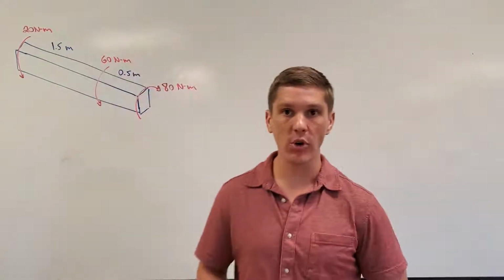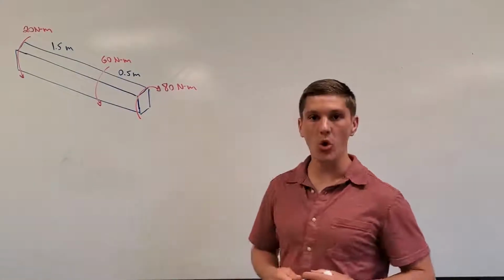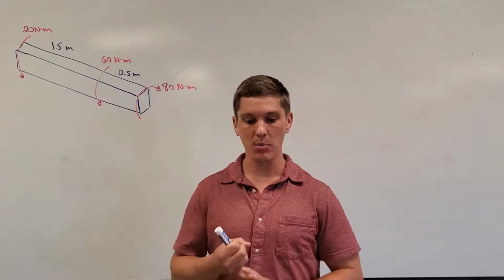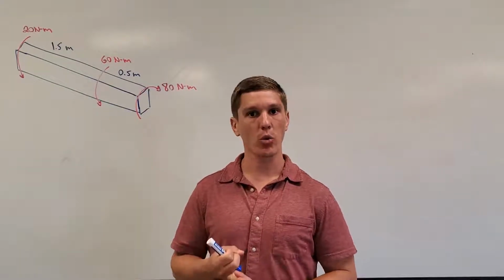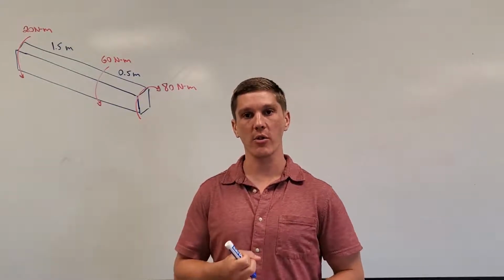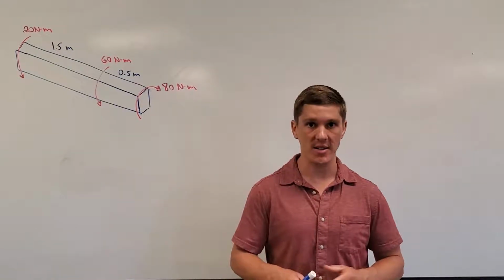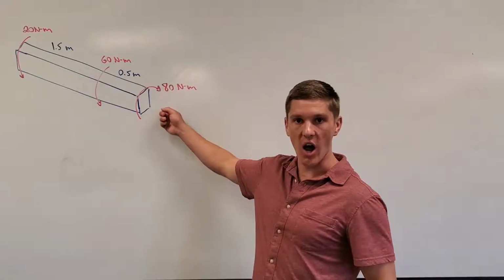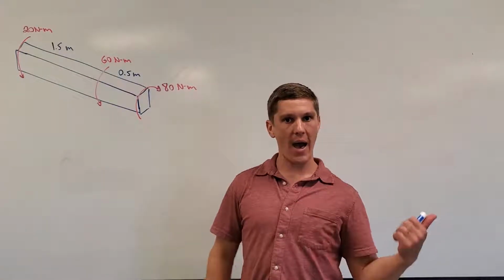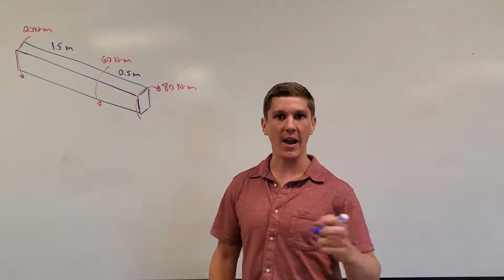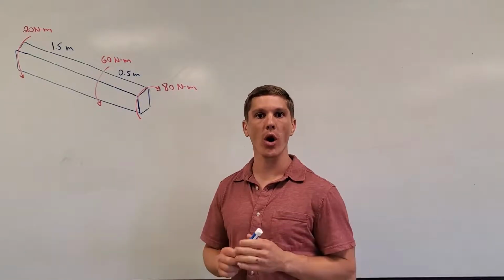Okay, so in this case, the first thing that we notice is that we have a square bar. The problem asked for the maximum shear stress, and then it asked for the rotation of one end relative to the other. So we'll break this up into two problems, and we'll start with the maximum shear stress. As soon as I see that it's a solid square bar, I go back to the notes that we just covered in the lecture and pull my equation for a square bar.